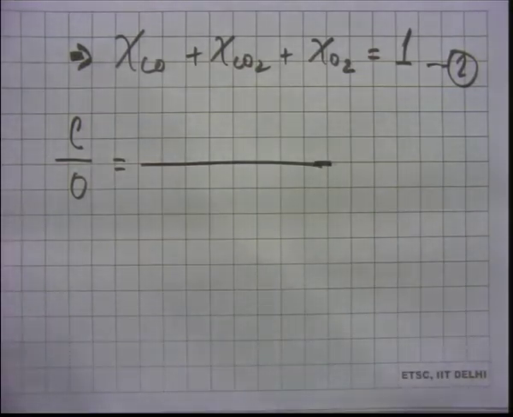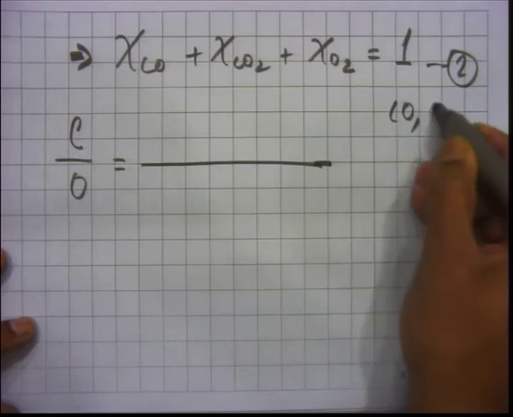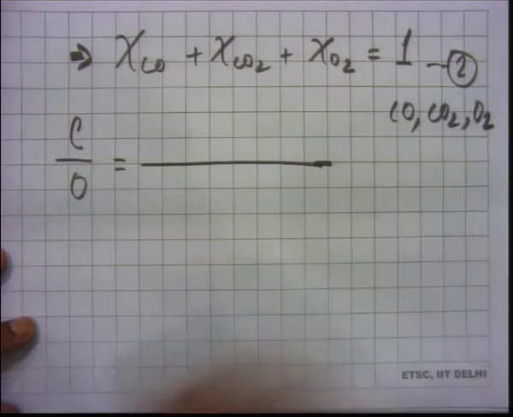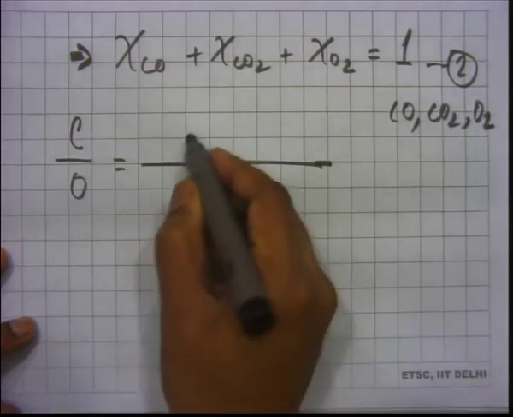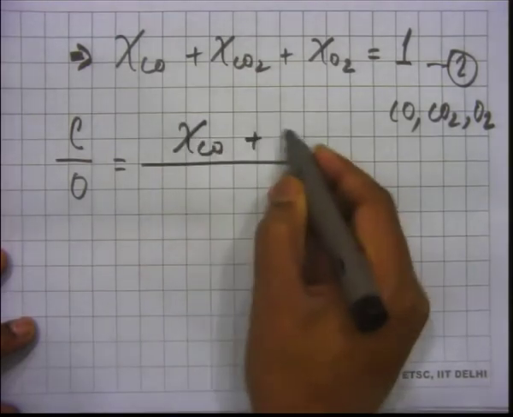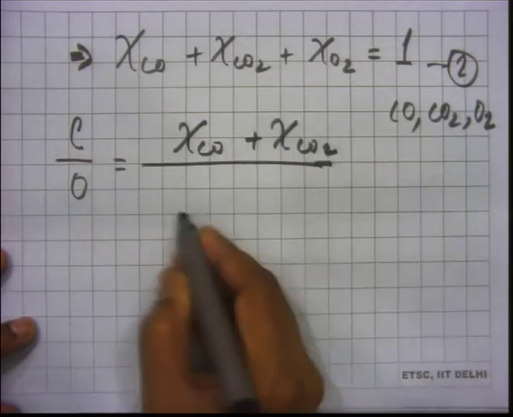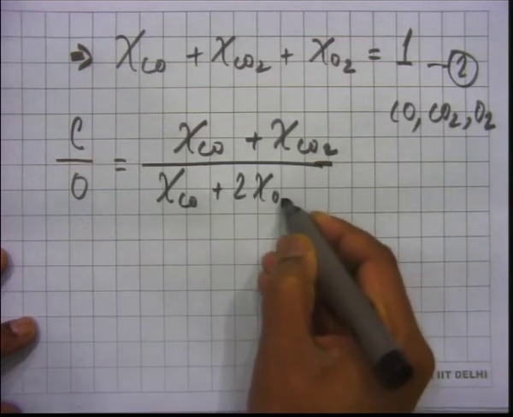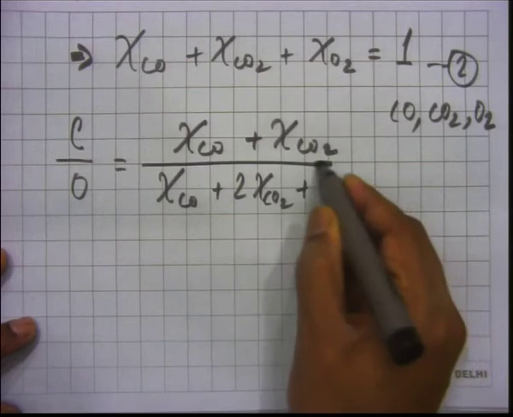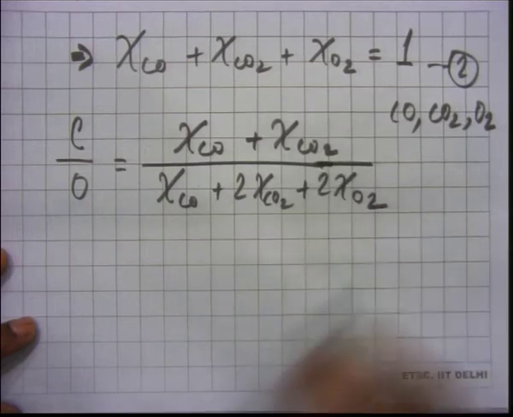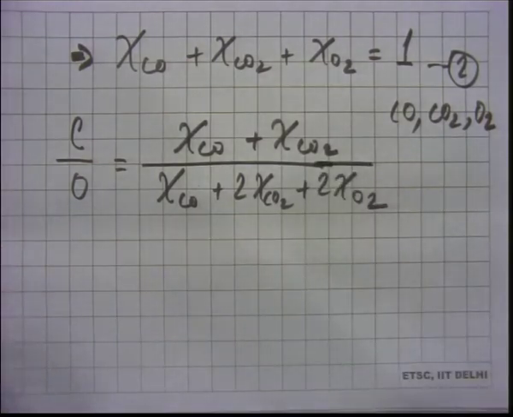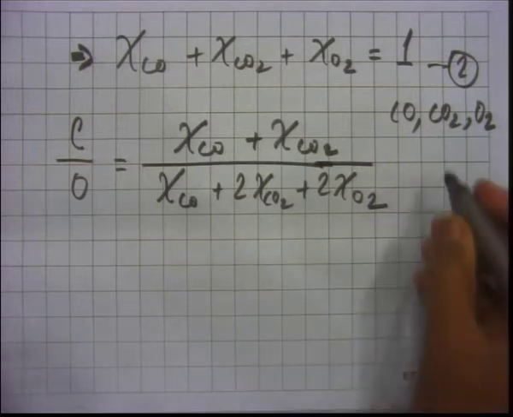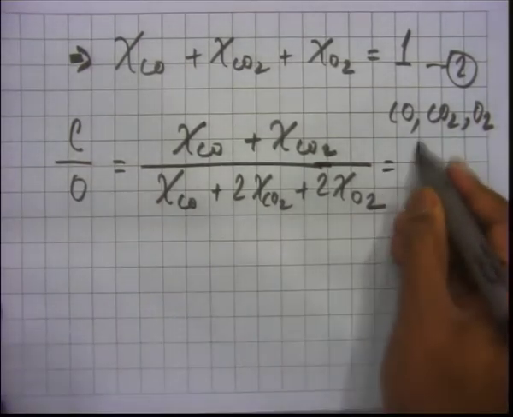So, since we have CO, CO2, O2 in the mixture, can we say that we can write this? Can we say this? This is a little tricky. This is half.